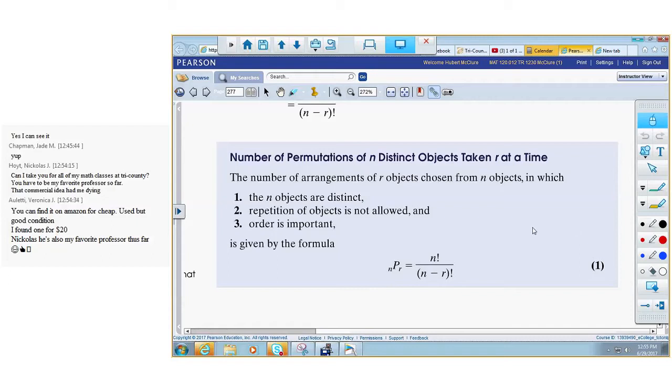Always remember, n is the biggest number. So if you're given a question and you're asked to do a permutation, you've got to figure out which one's n and which one's r. N is your biggest number, r is your smallest number.